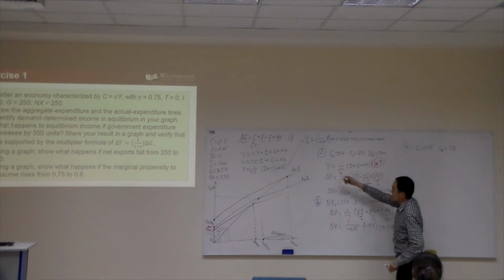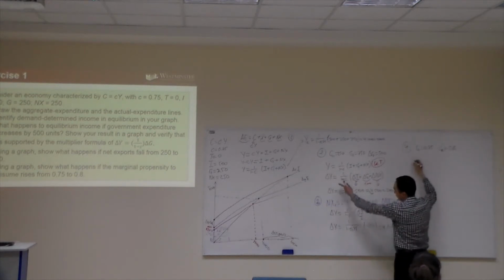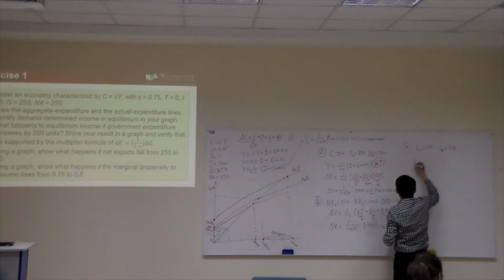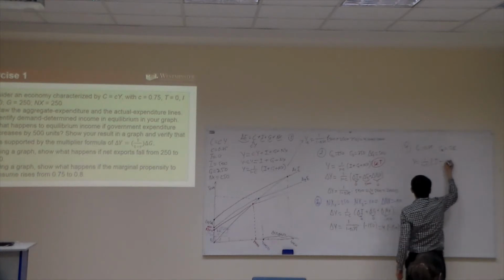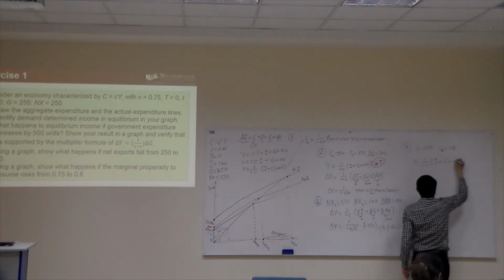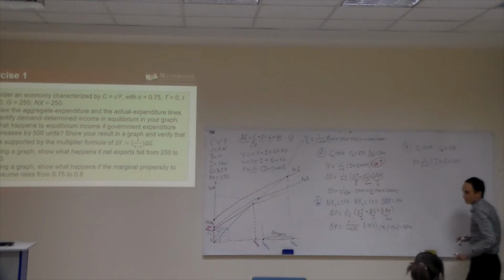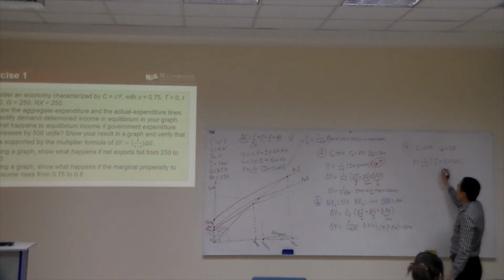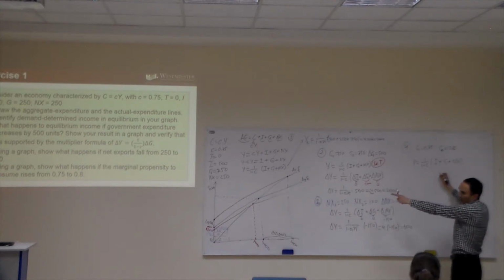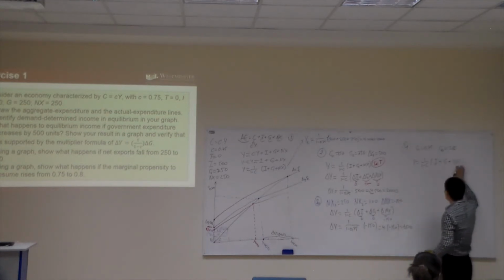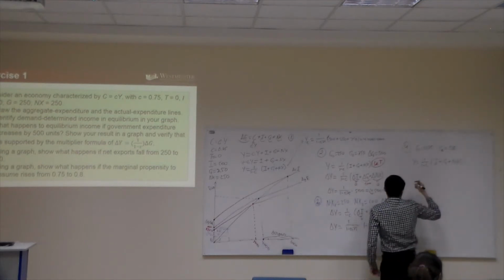So our output function is this one. The output function, equilibrium. So now our output is equal to 1 over 1 minus c, the multiplier, times investment plus government spending plus net export, right? Investment is equal to 500, right? Government spending is 250, and net export is 250.